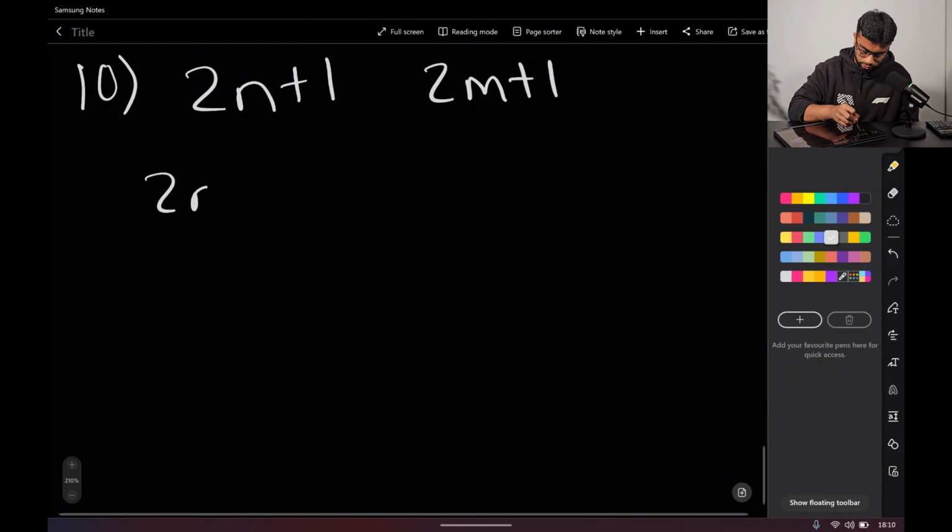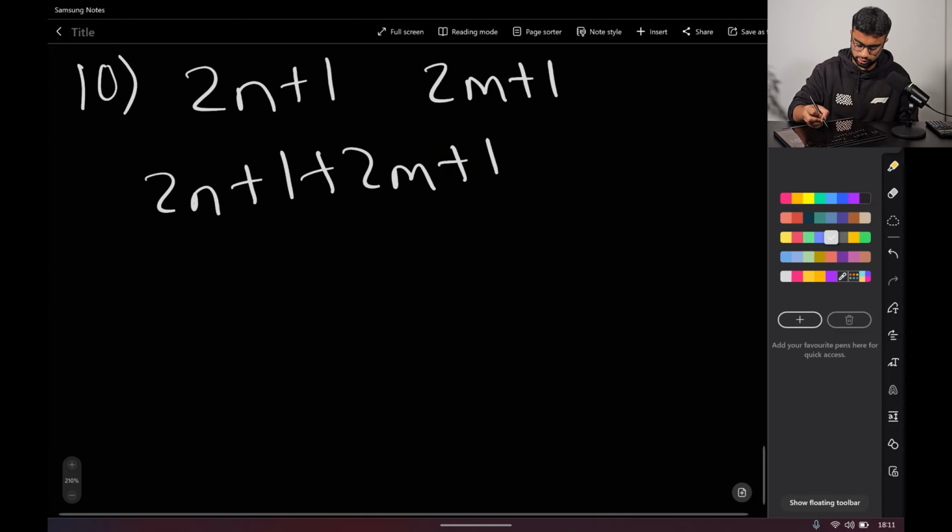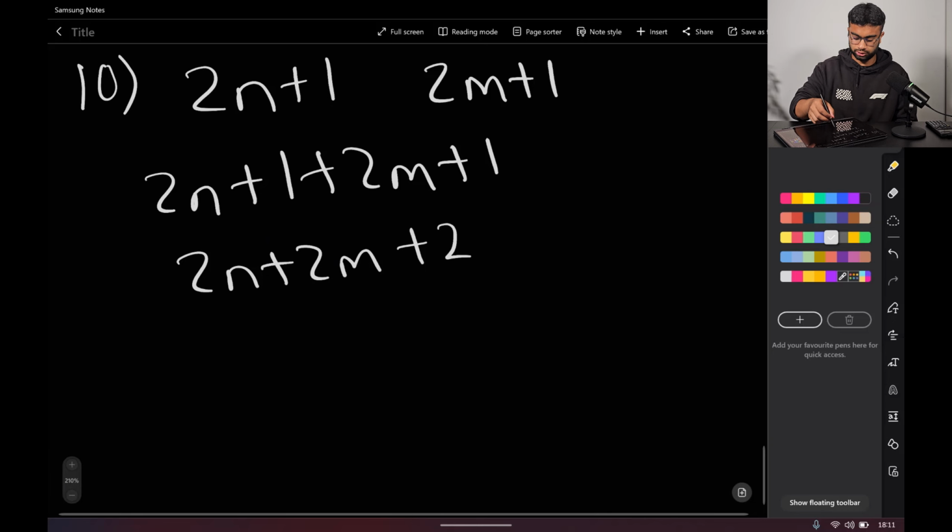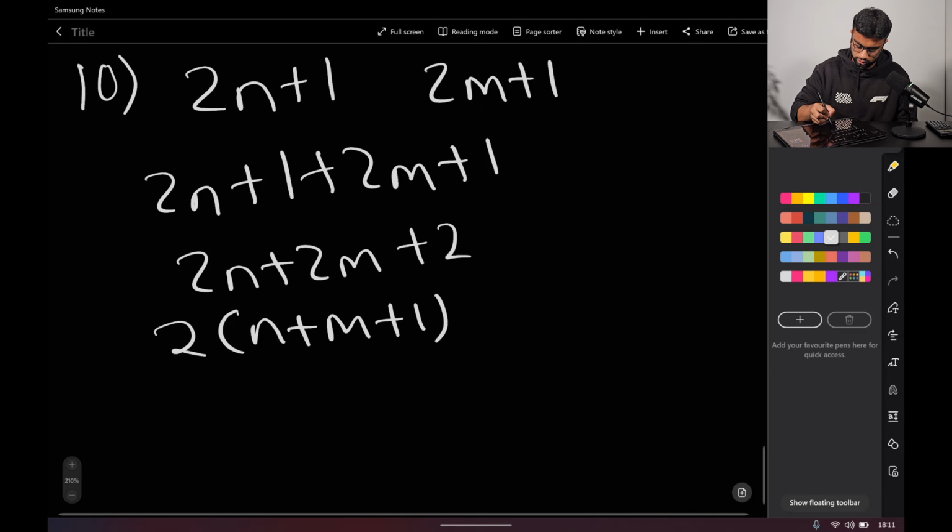So if we did 2n plus 1 plus 2m plus 1, we'd just get 2n plus 2m plus 2, which is the sum of our two odd numbers. And since we can take a factor of 2 out of here to give us n plus m plus 1 multiplied by 2, we can say that this is divisible by 2 and therefore must be even.